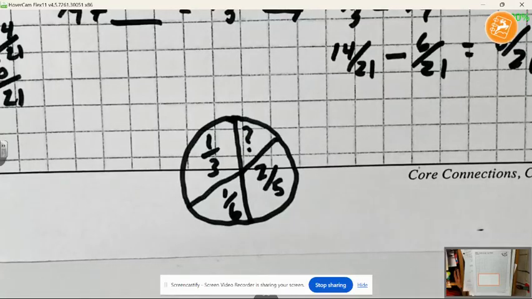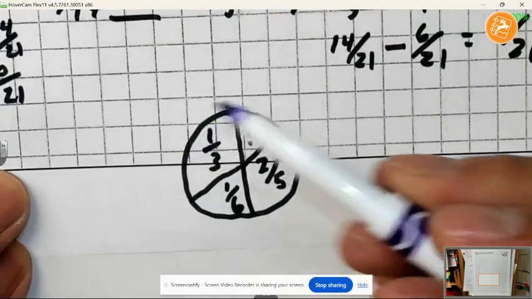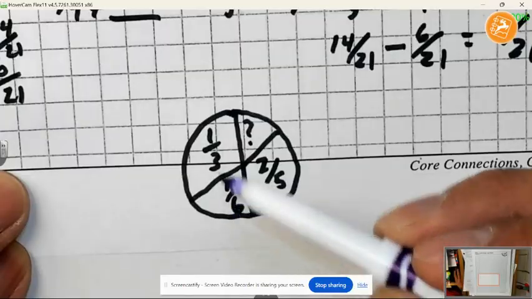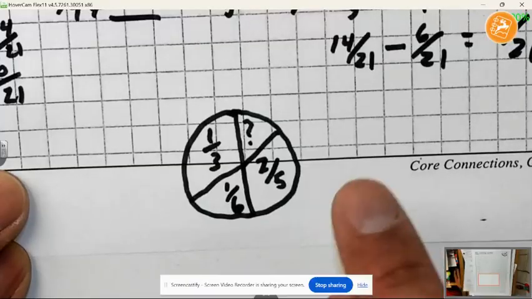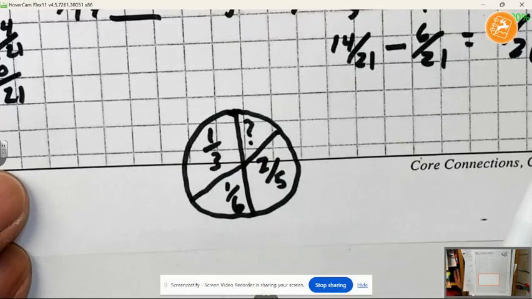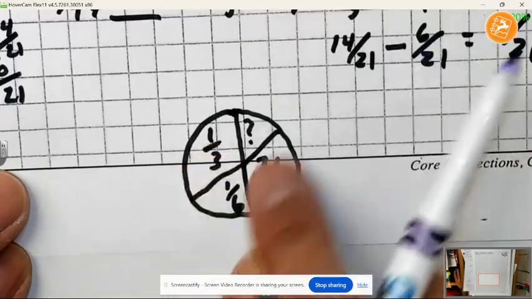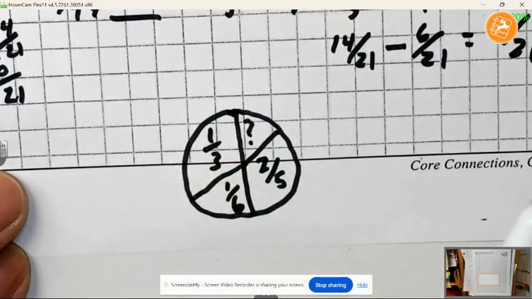If you had enough time to work on this, now we know that the entire spinner is going to be 100%. So if we take these away from 100%, we can find out what is missing. Let's first find out what's not missing. We have 2/5, 1/6, and 1/3. We need to find out what this adds up to.